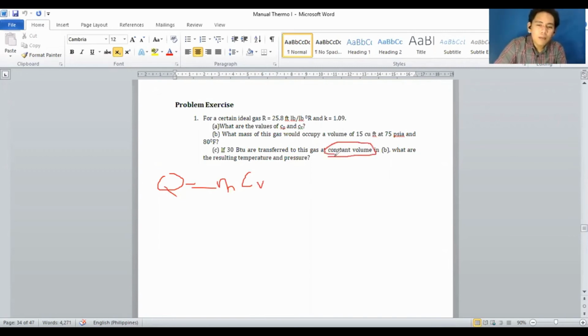If the problem stated constant pressure, we would use CP. So here, we are going to use CV. So MCV (T2 minus T1). The mass we're going to use is what we solved in letter B, 11.63.